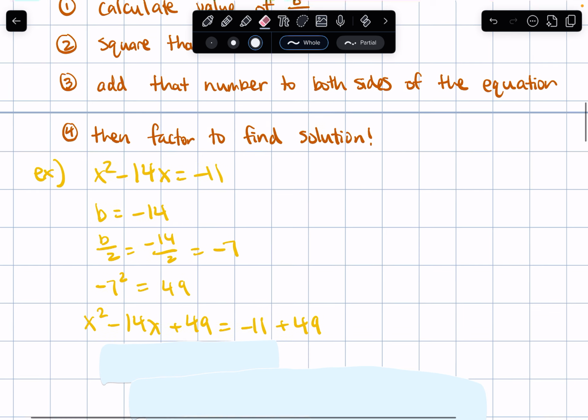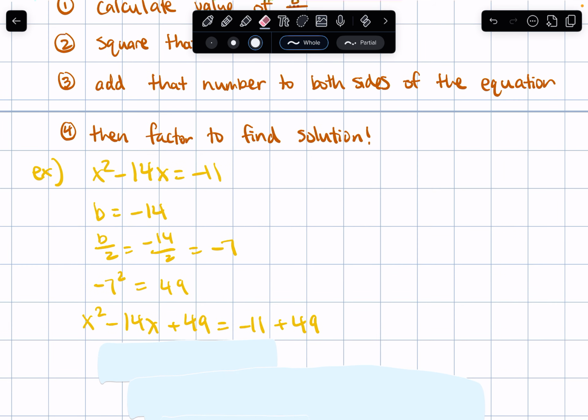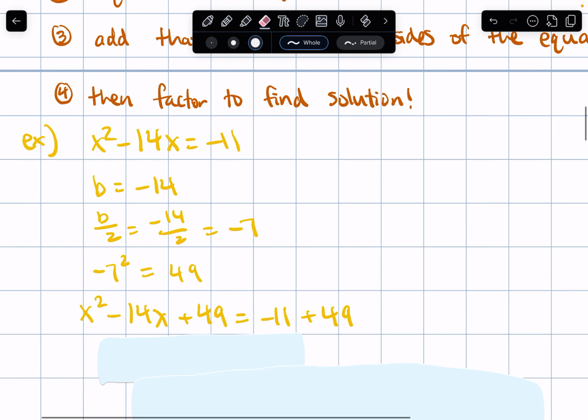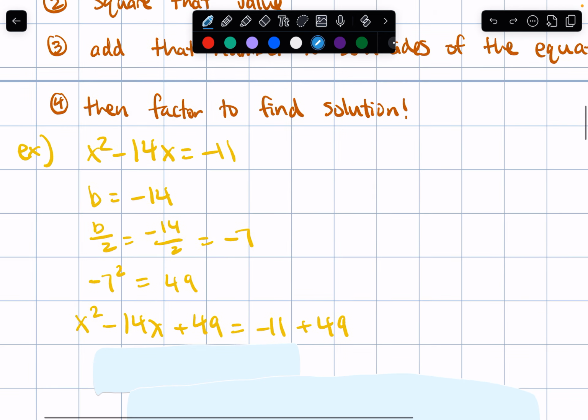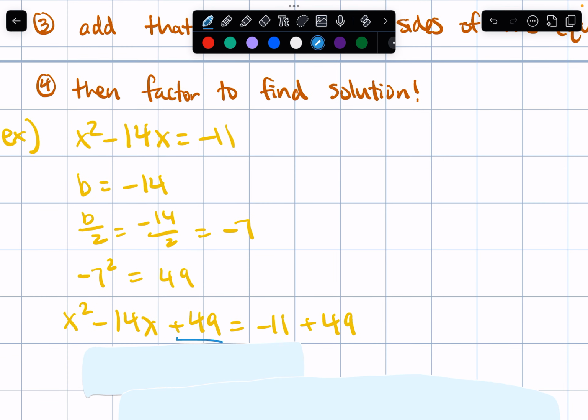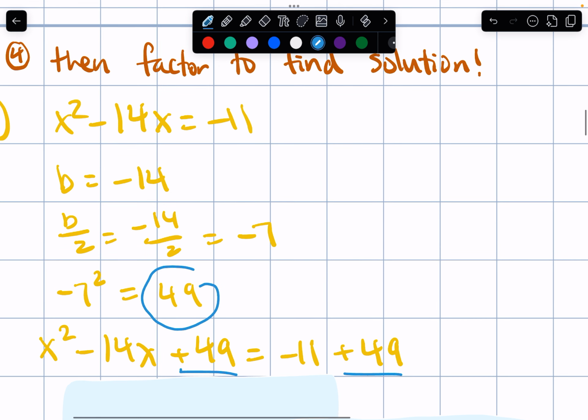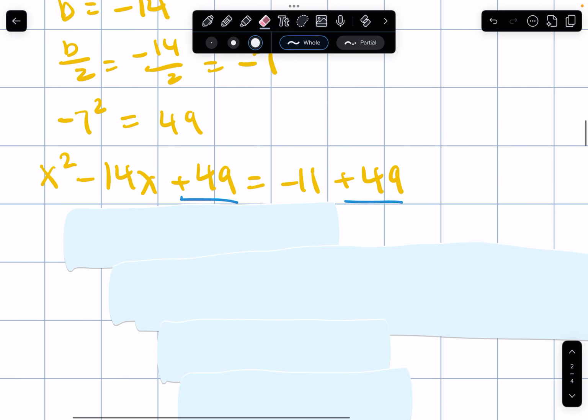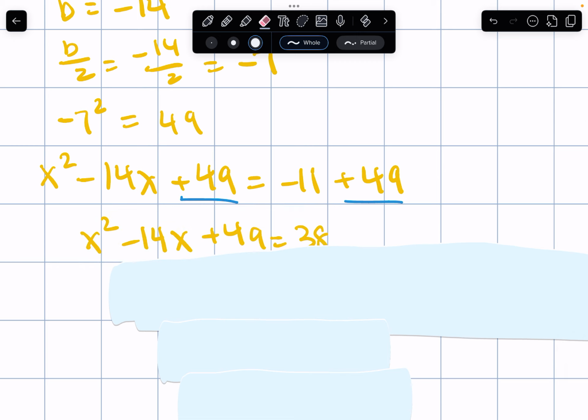And then you're going to add that number to both sides of the equation. So you're going to get this b over 2 squared, and then you're going to add it to this side and add it to this side. So what you're doing is basically just adding it here and adding it here. That's all it is.